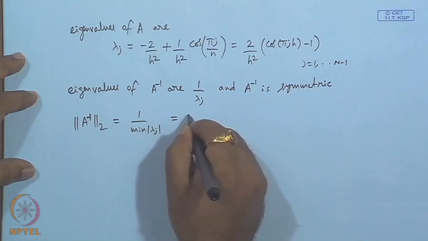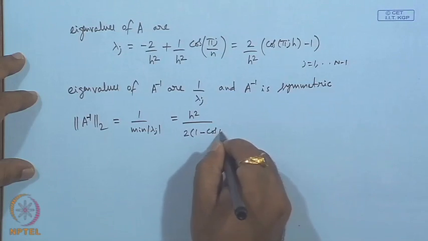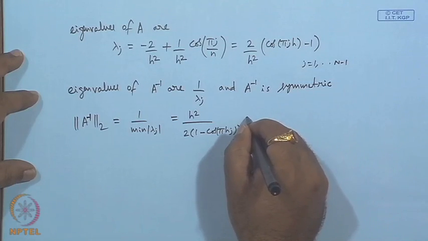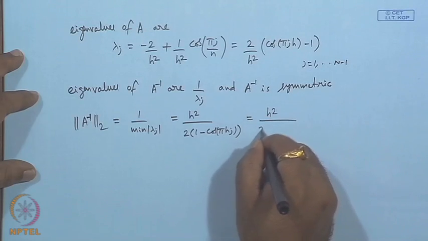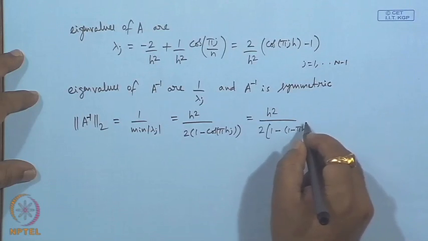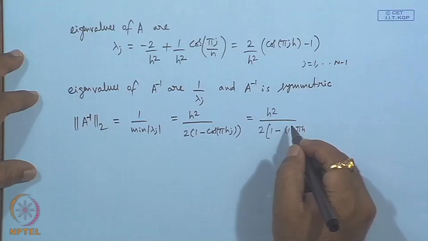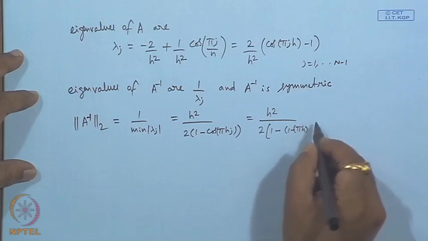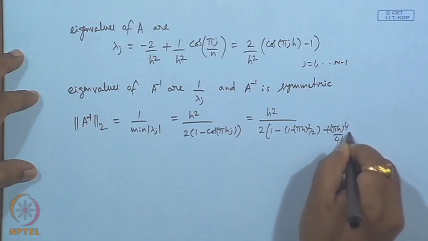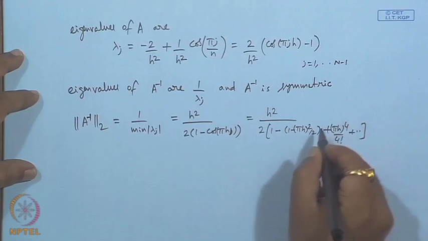it will be this. So, this is h square. This can be shown to be pi h square by 2 plus pi h 4 by 4 factorial. So, the minimum we take is pi h.